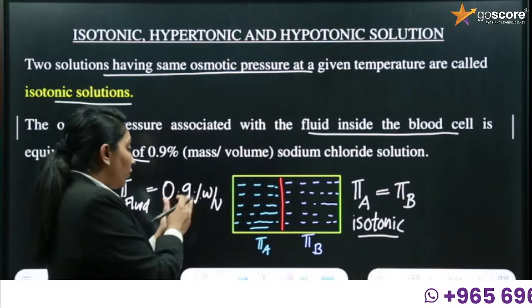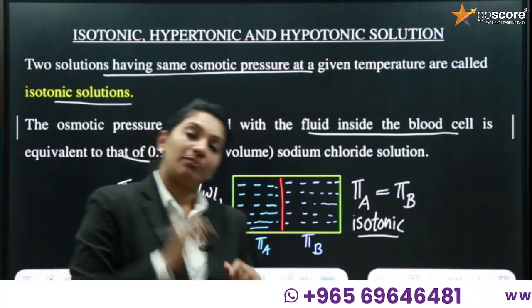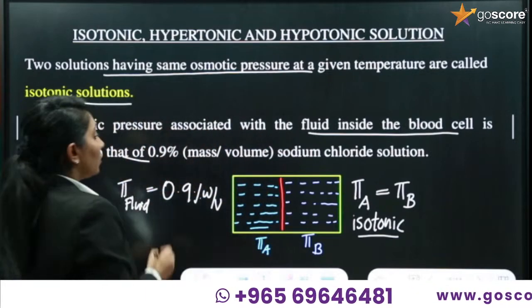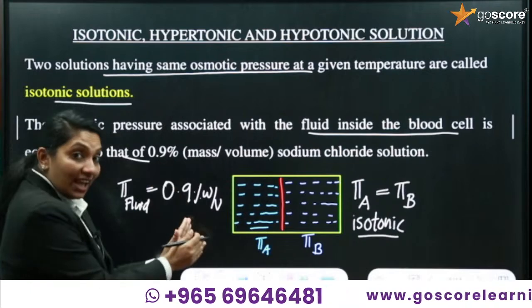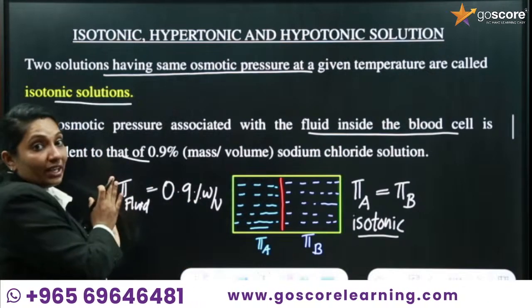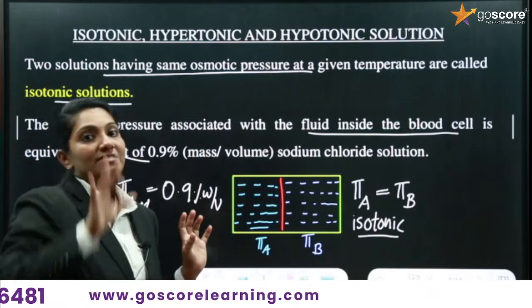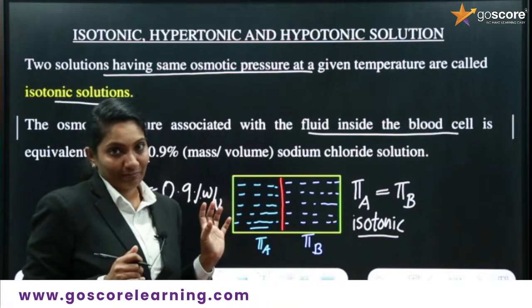That means if you take a 0.9% weight by volume sodium chloride solution, it will exert an osmotic pressure that is the same as that exerted by the fluid inside the blood cells.